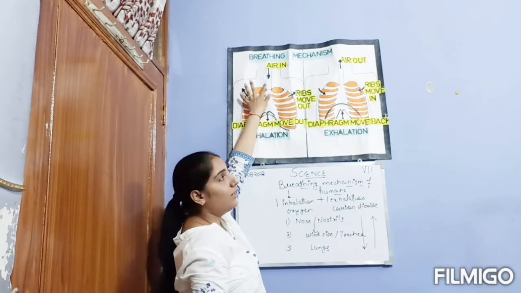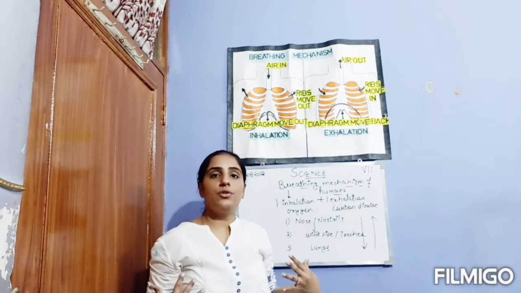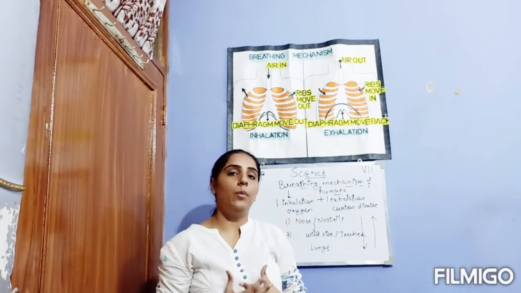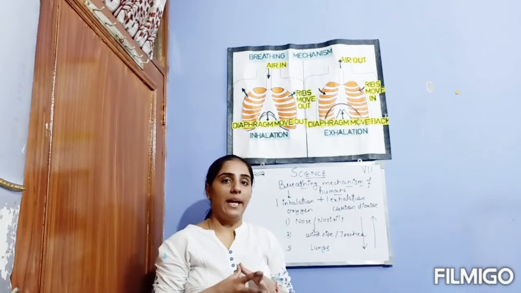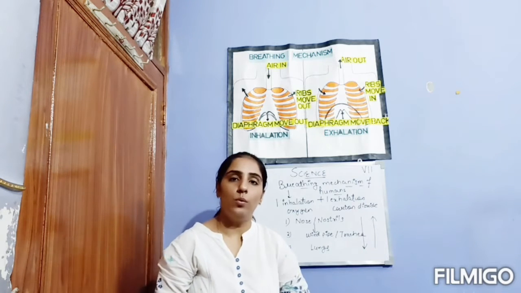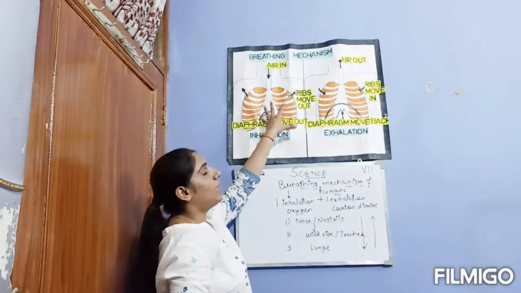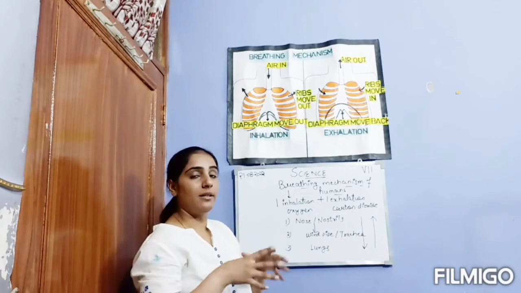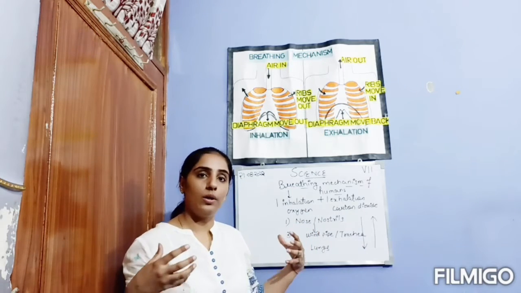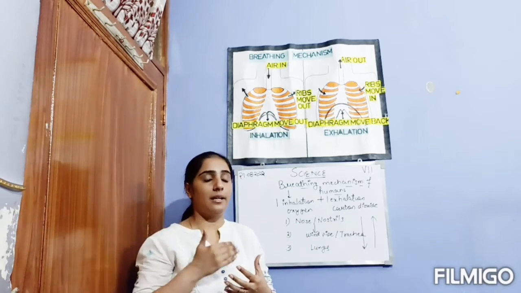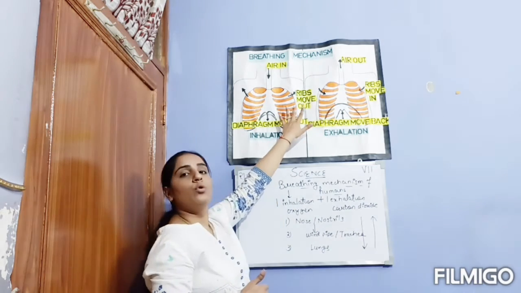This is the trachea. All the important organs of our body are covered with a rib cage, which is a structure made by bones to protect our vital organs. This rib cage, which has the lungs inside it, expands in size because the ribs move out with the help of the muscles that are present in them.